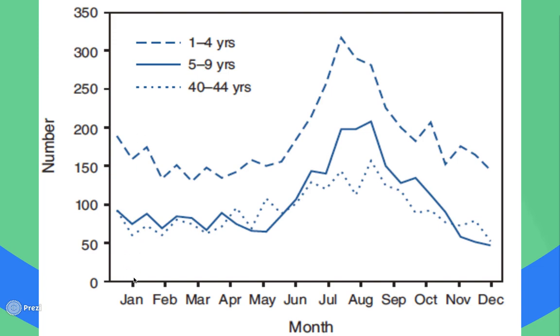So you can see, starting in January and actually all throughout the year, those who are ages 1 to 4 have the highest cases, but they all trend down throughout the beginning of the year.